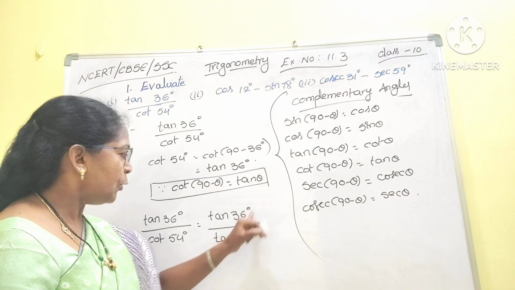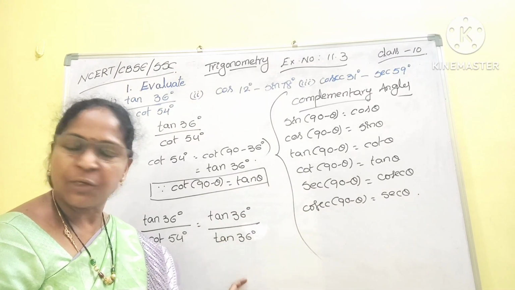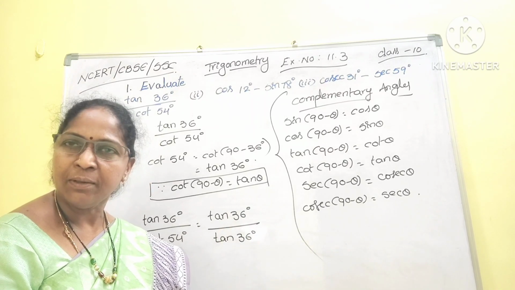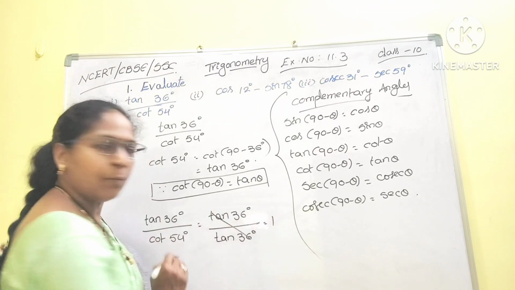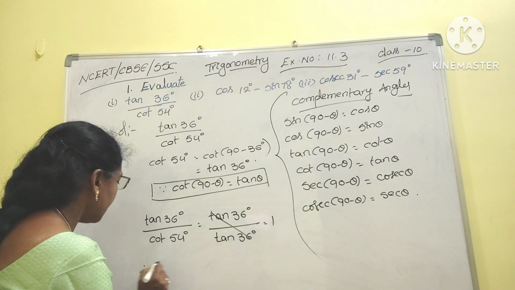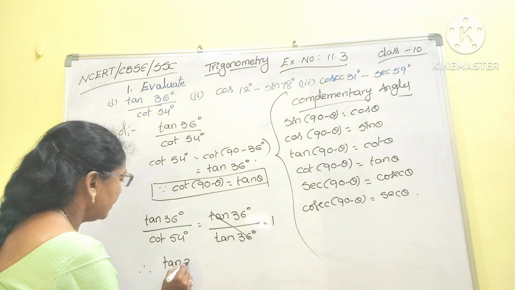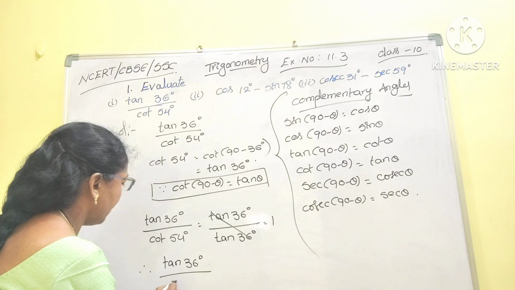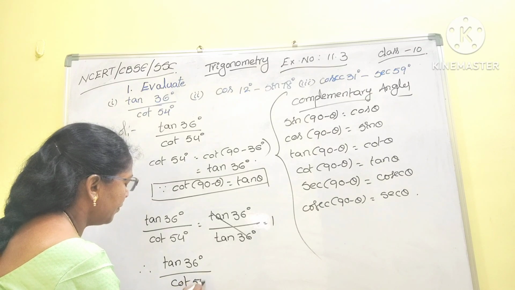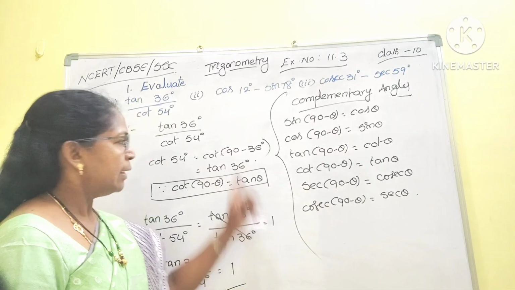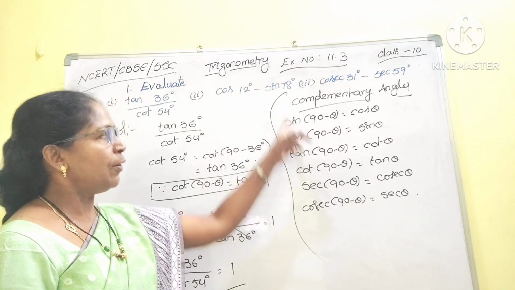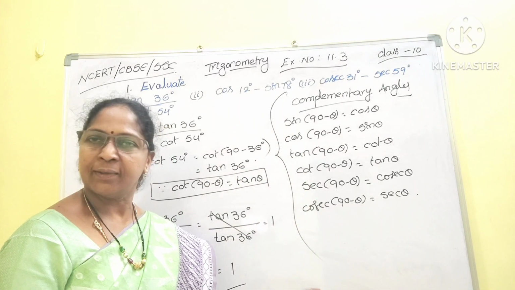Now both in the numerator and denominator, the terms are the same and the value is also the same. Then you can cancel the terms easily and you will get 1. Therefore, tan 36 degrees by cot 54 degrees equals 1. This is the answer. Is it clear? If you want to copy this, please copy it.